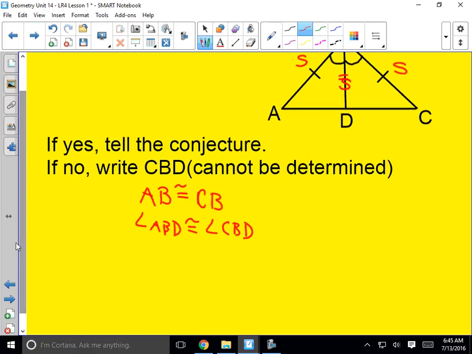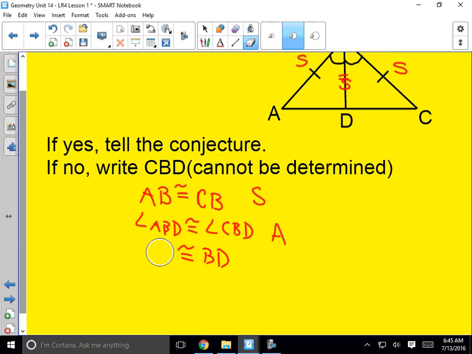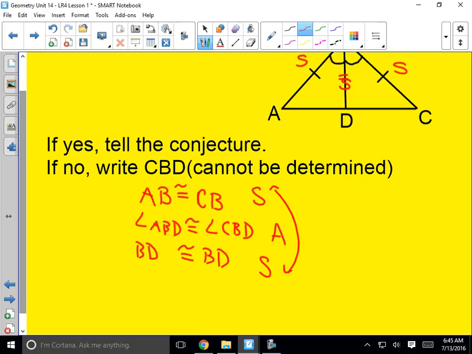And then the funny one: so here's my side, here's my angle, and then the next piece I have is BD is congruent to itself, not BB. Sorry, sometimes doing these at 6 o'clock in the morning I make a couple mistakes. That is another side. So if you can see, as we work around the triangle in either direction, we're not skipping over any pieces, and we've got an SAS, side-angle-side congruence for this pair.